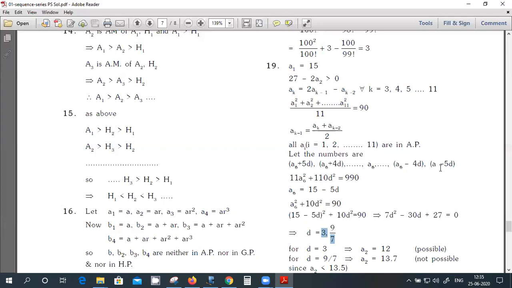A6 for short you can represent as A. So you have A minus 5D and A plus 5D. When you square and add them, here you have a minus b and here you have a plus b. So a minus b square and then a plus b square. You get 2 times a square plus b square, because the 2ab terms will cancel.